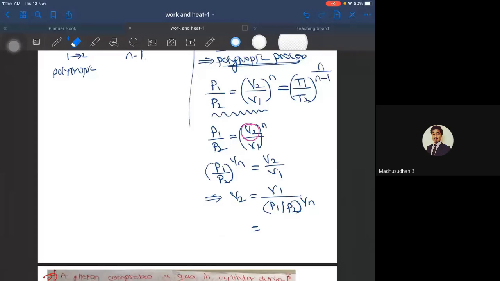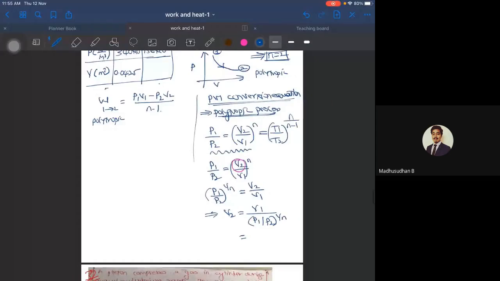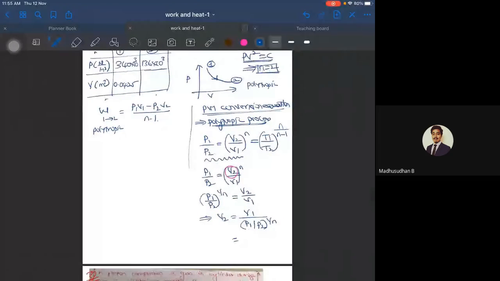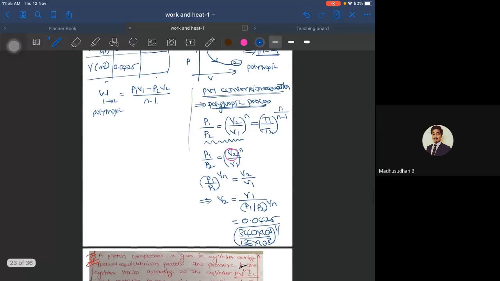Just substitute the values, guys. V1 is 0.0425, divided by P1, which is 340 into 10 to the power of 3, divided by P2, which is 136 into 10 to the power of 3, whole to the power of 1 by n. The n value is 2.